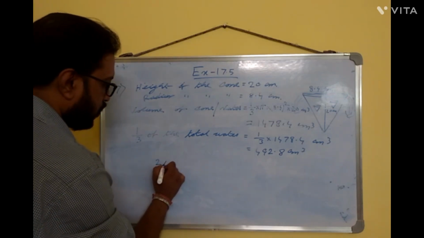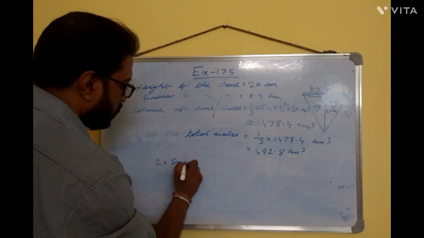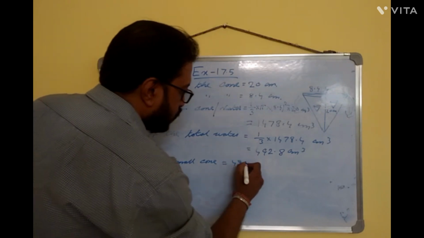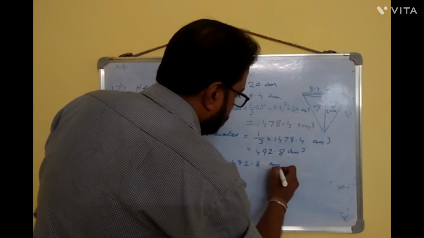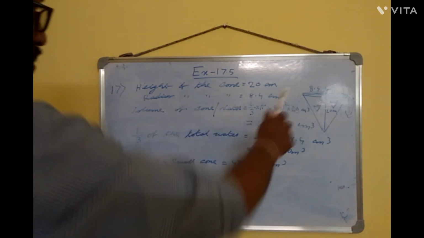So 2 into small cone equals 492.8 centimeter cube. Why 2 into? Because there are two cones.